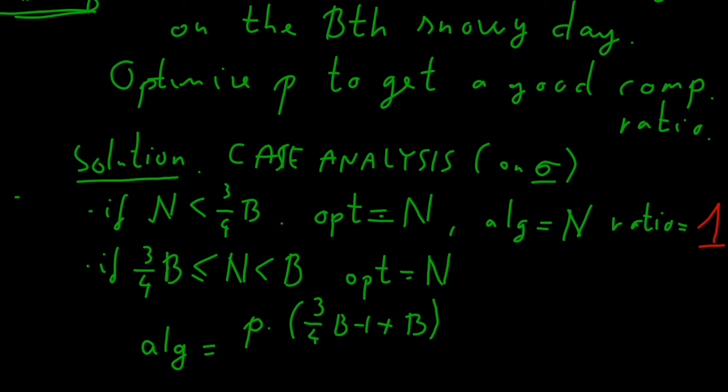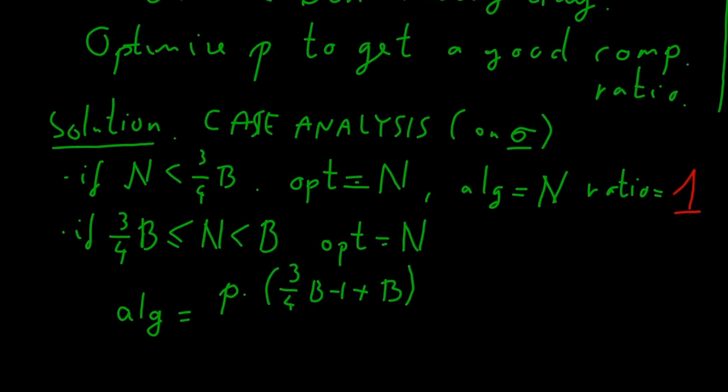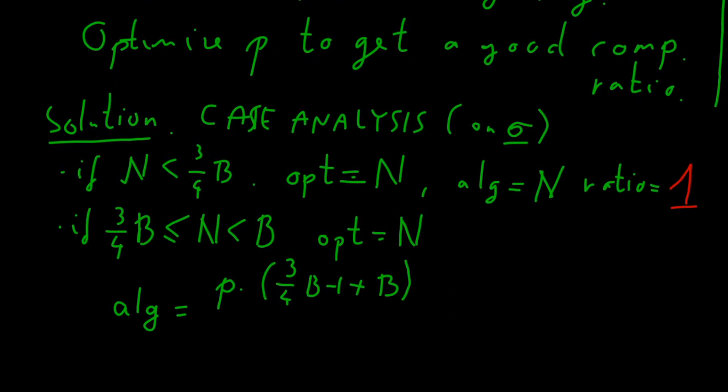But that's the last point where it spends money, because if the algorithm buys the skis, then we won't spend more money. And with probability 1 minus p, we are running the algorithm AB, which, since there are no b snowy days, will just spend n. Just renting for n days.